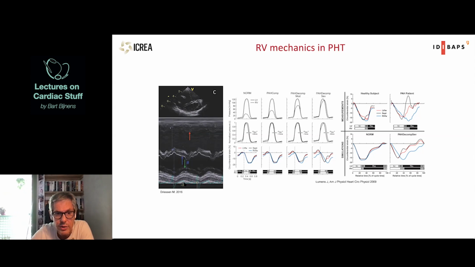You see that on the ECG, the T wave here. At the end of the T wave, the left ventricular free wall is starting to relax. But because the pressure in the right ventricle is still high, as the right ventricle needs to develop force much, much longer in order to eject at this high pressure, if the left ventricular pressure goes down, you now see this inward motion of the right ventricle.